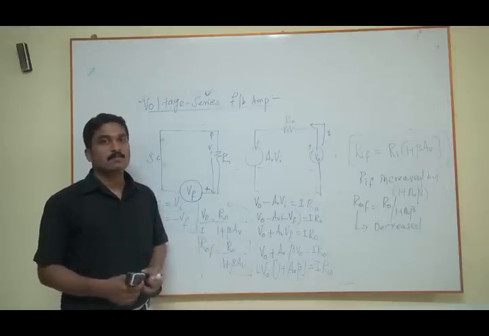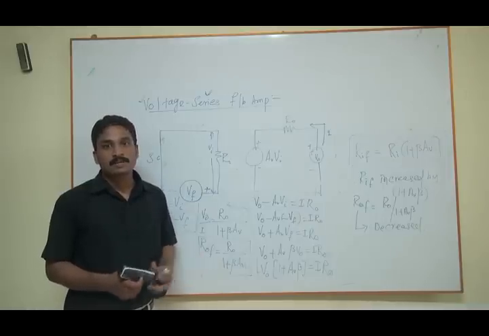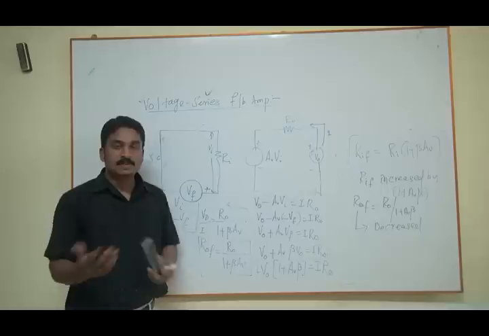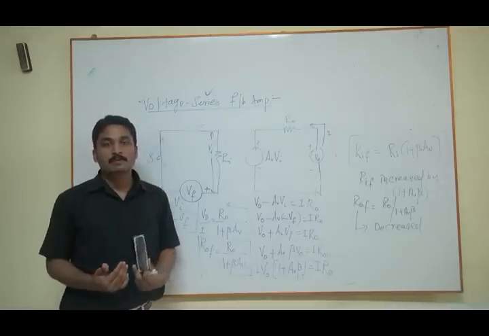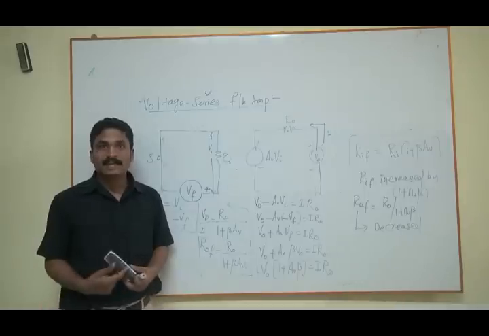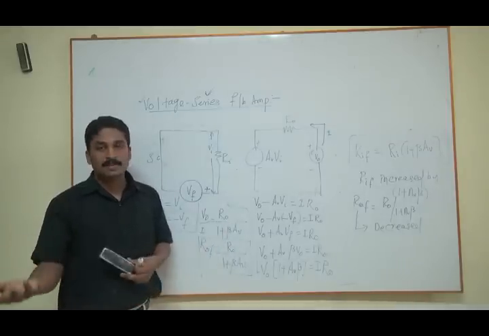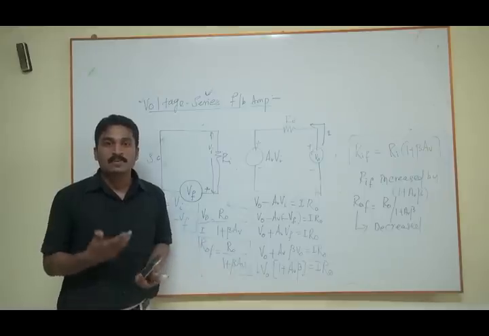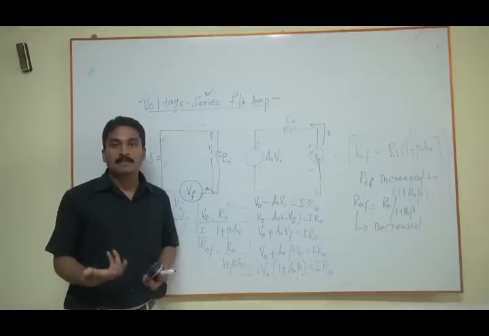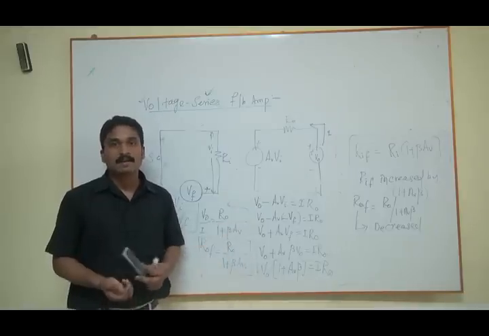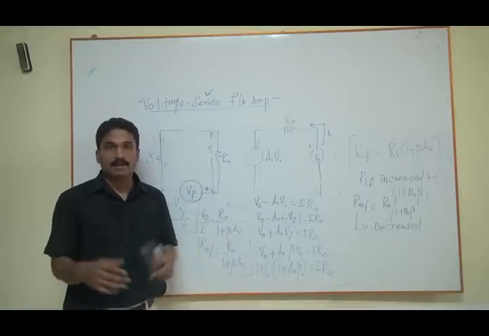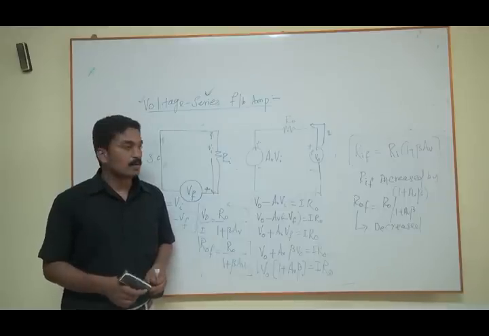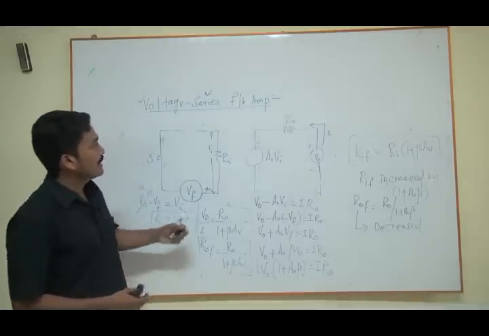Maybe for some configuration your input side impedance may increase and output side impedance may also increase, and for some configuration both input side and output side impedance may decrease, and output side impedance may increase, input side impedance may decrease. So likewise we can modify the impedances by using the negative feedback signal, right? So if you want, we can do one more analysis.